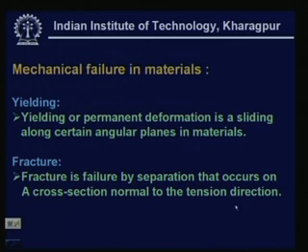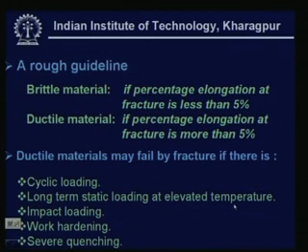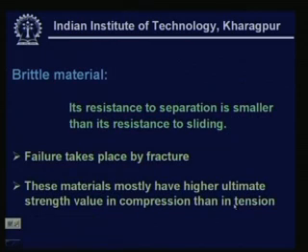That means it is failing perpendicular to the tension direction. We have just earlier defined that fracture is a failure by separation that occurs on a cross section normal to the tension direction. Because it happens to be a brittle material, the failure took place in that manner.